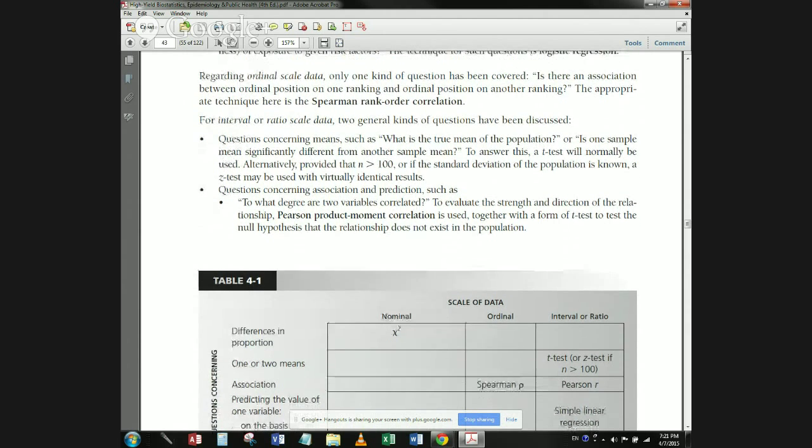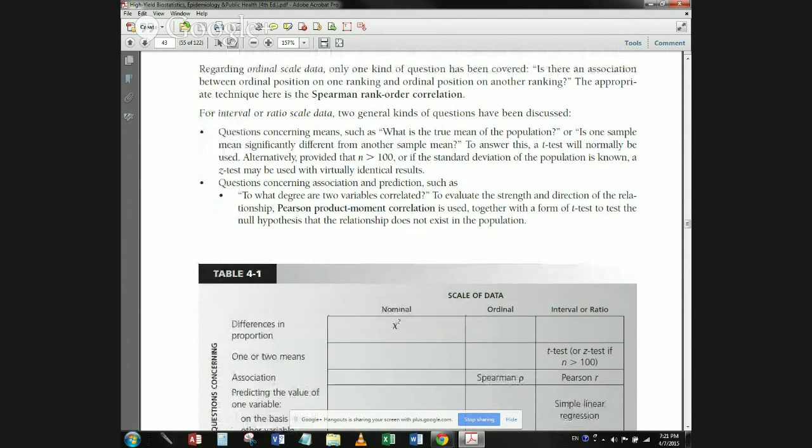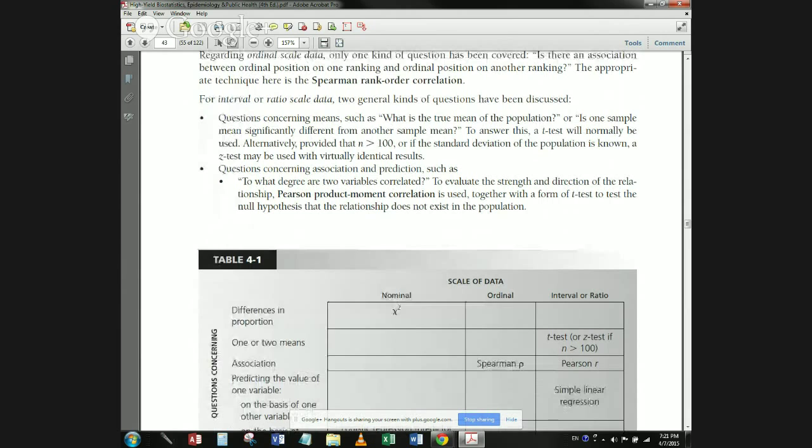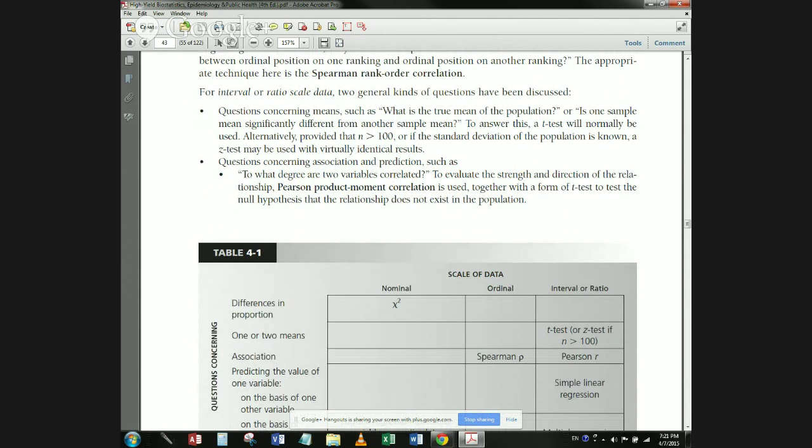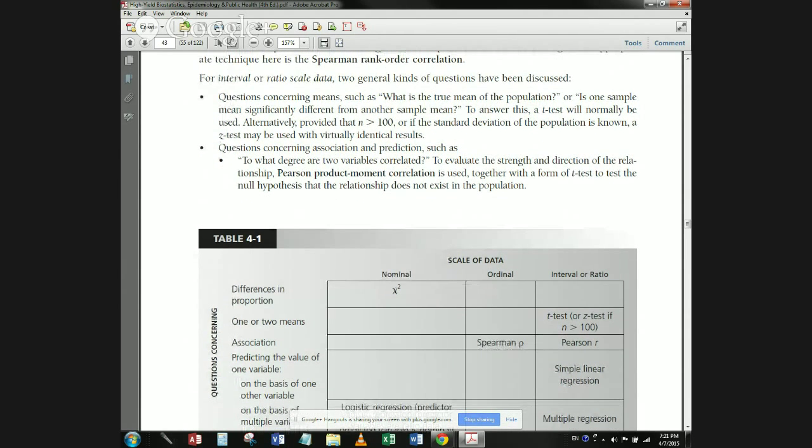The technique for such questions is logistic regression. Regarding ordinal scale data, only one kind of question has been covered. Is there an association between ordinal position on one ranking and ordinal position on another ranking? The appropriate technique here is the Spearman rank order correlation.